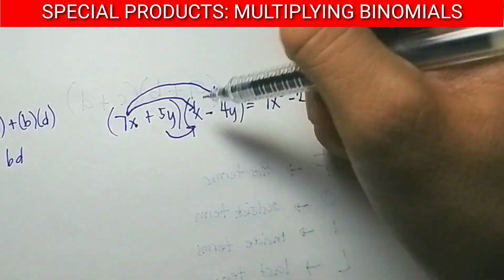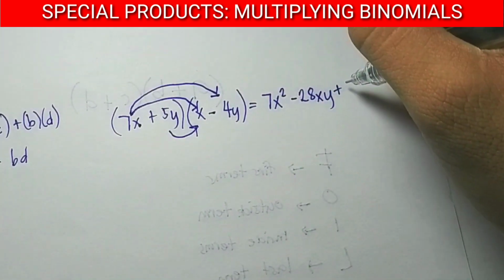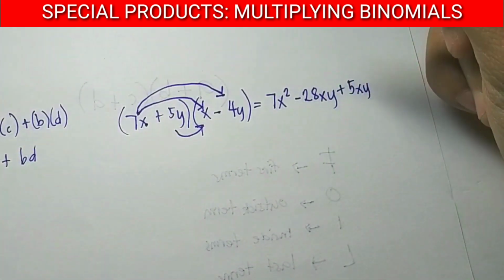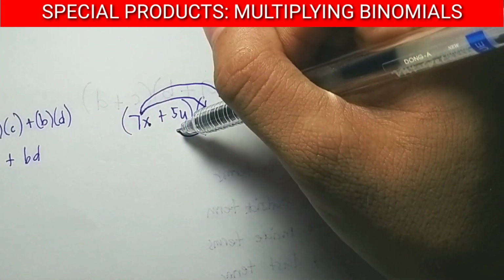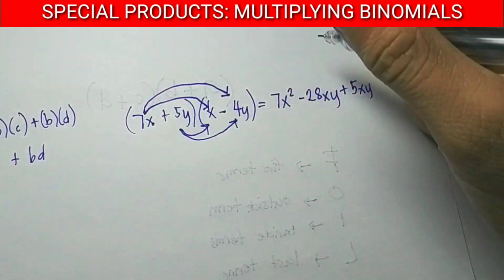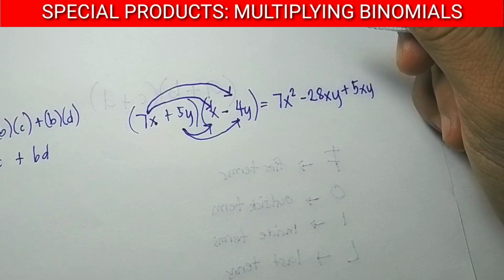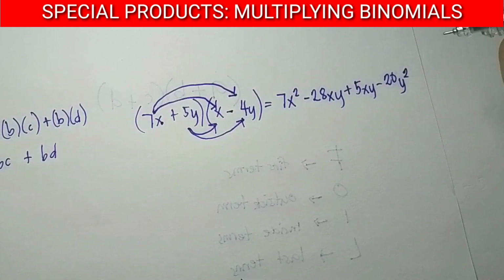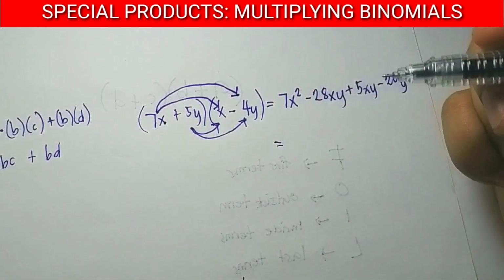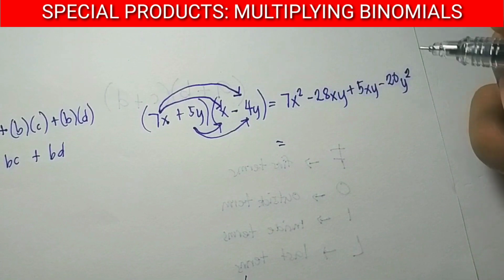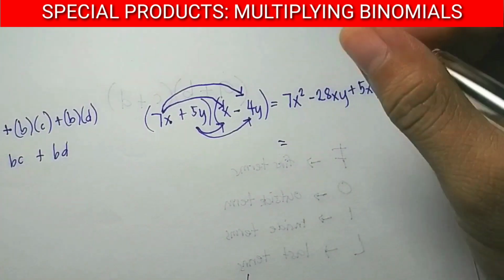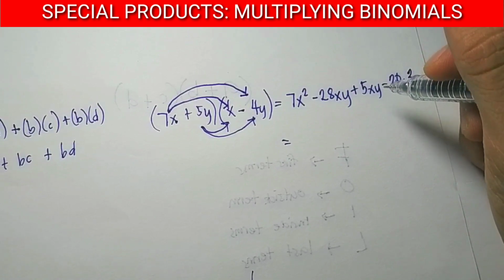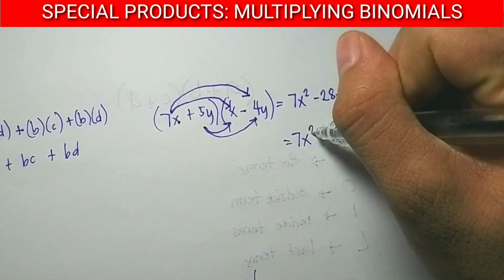Next are the inside terms. So, we have 5y times x. So, that is 5xy. Next is 5 times negative 4y. So, that is negative 20y squared. Okay. We will simplify now kung asa sa ilang parihaog terms. We have negative 28xy o 5xy. So, ato ranin kopyahon si 7x squared.